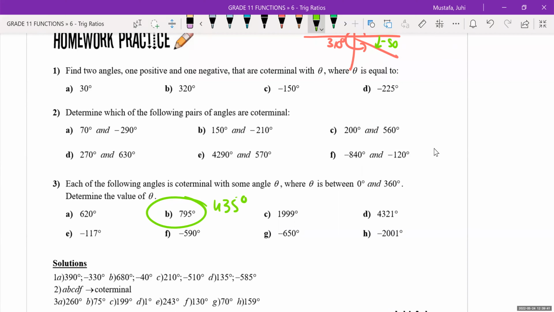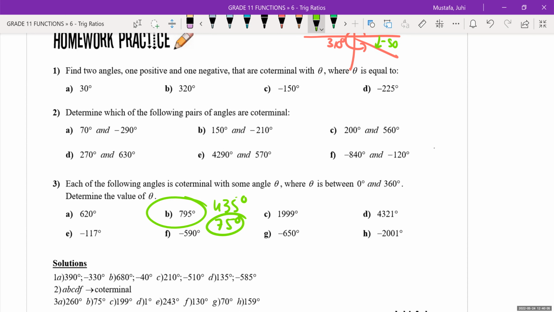So I'm going to subtract 360 one more time, and I end up getting 75 degrees. So that would be the angle measurement that is coterminal to 795. If you were to draw the picture, draw out 795, and you'll notice that 75 degrees and 795 degrees are on the exact same line, like the exact same terminal arm.